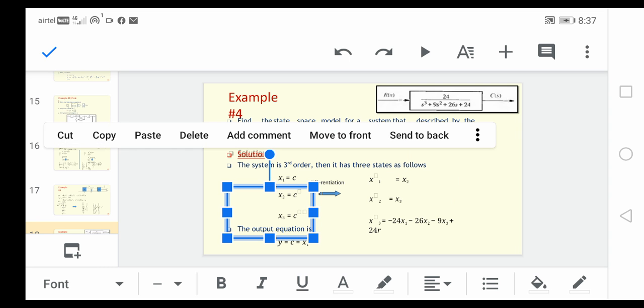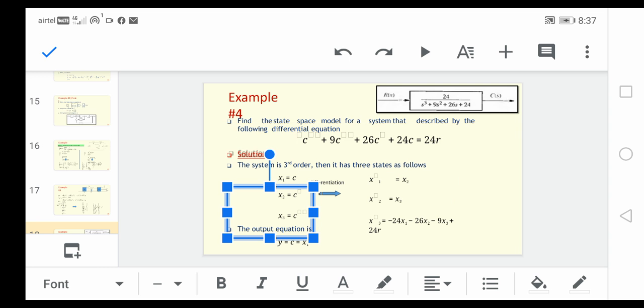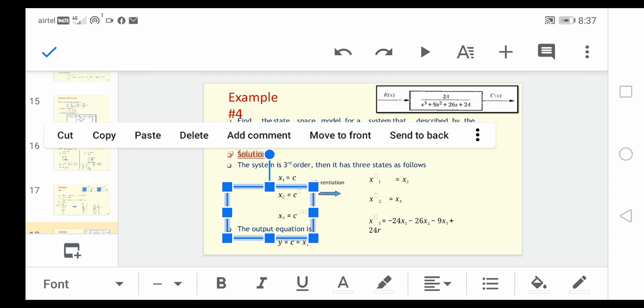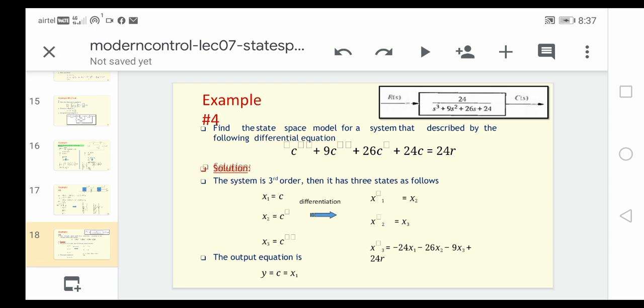These three values you substitute in the equation, so x3 dot, which is c triple dot, is equal to minus 24r minus 24c minus 26c dot minus 9c double dot. Here c double dot is x3, c dot means x2, c means x1, and r is r.